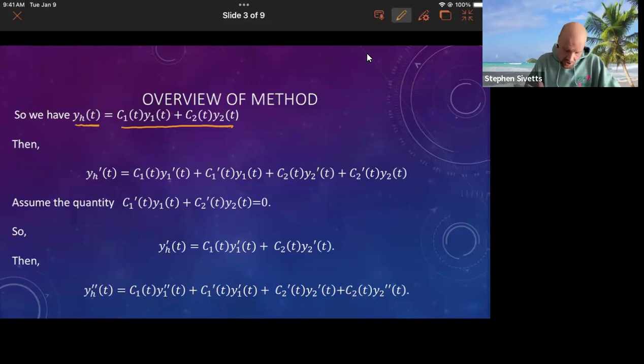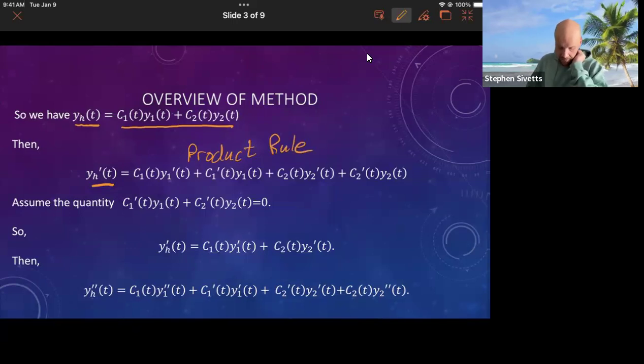Then if we differentiate y h of t, by the product rule, this is what's happening here. So by the product rule, y h prime of t equals c1 of t times y1 prime of t plus c1 prime of t times y1 of t plus the derivative of the second quantity, right? c2 of t times y2 prime of t plus c2 prime of t times y2 of t.